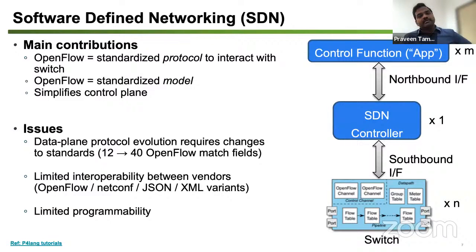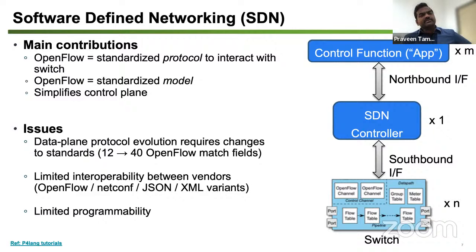And moreover, even if you decide to use new ASICs, you have to dump the existing fixed function pipeline or ASICs and buy new hardware. So it is also not cost efficient.